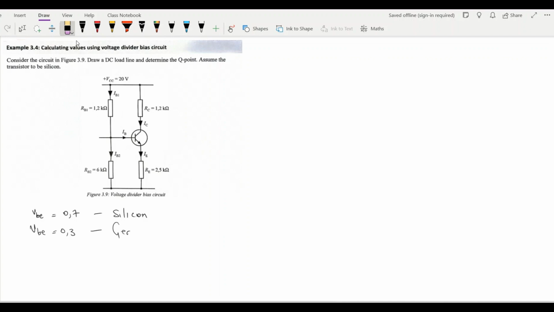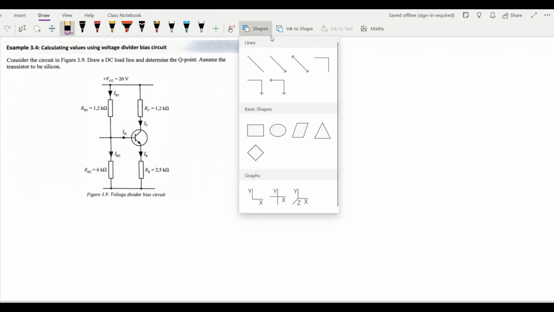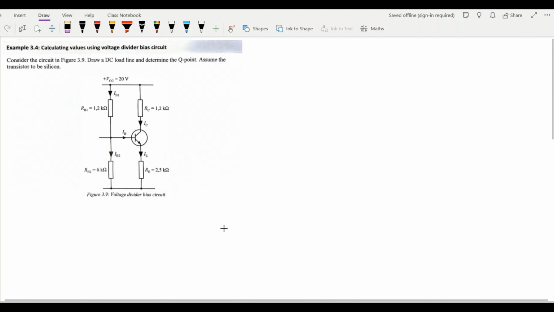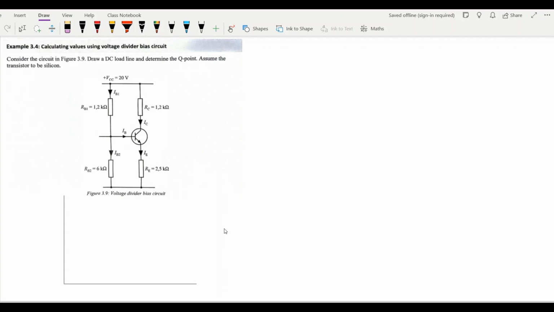Now, they want us to draw our DC load line. How should our DC load line look like? And when they say we must also identify a Q point, how are those things? Let us have a structure like this.